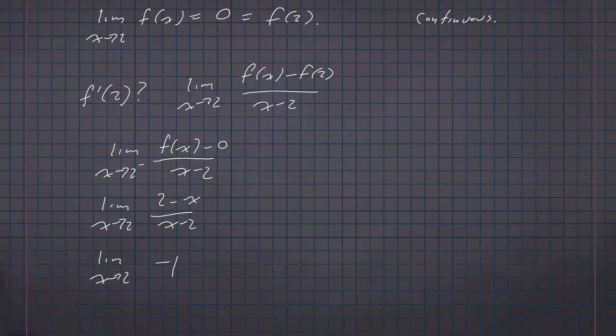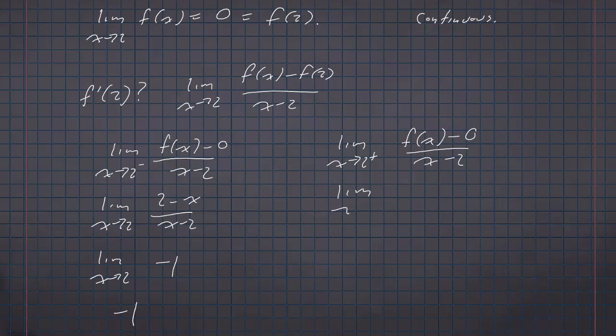And 2 minus x divided by x minus 2 is negative 1. And the limit as x approaches 2 of negative 1 is negative 1. But if we approach from the right, we get x minus 2 over x minus 2, which is positive 1.